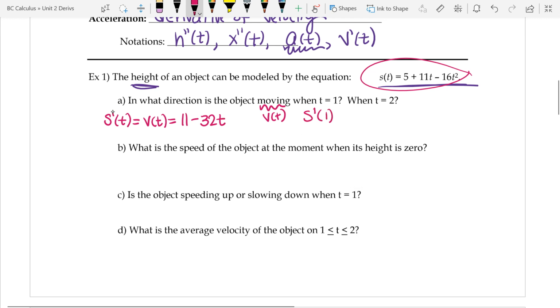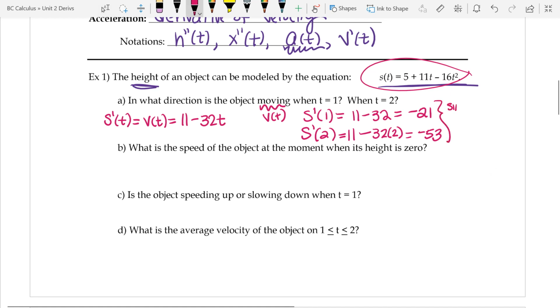S prime of 1 is 11 minus 32, which is going to be negative 21. S prime of 2 is 11 minus 32 times 2, which is super negative. So that's negative 53.